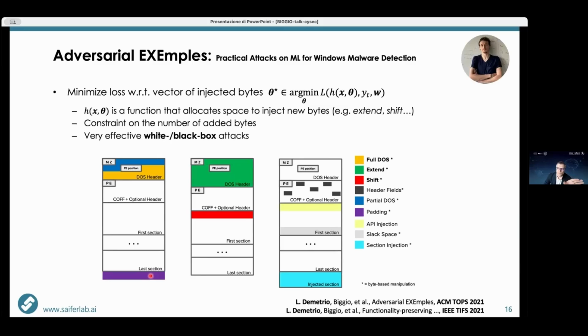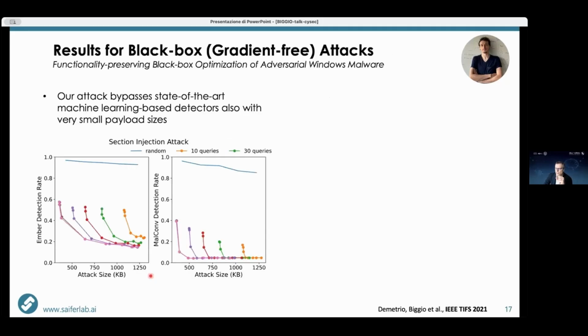In both the white box case, where you look at the gradients of the model and you have access to the model, but also in the black box case, where you don't know the model exactly, but you can query maybe a service that is based on the model and exploit feedback. And in this case, what you can also do to reduce the number of queries is, instead of optimizing the bytes one by one, you can take chunks of bytes from benign programs and decide how to combine them.